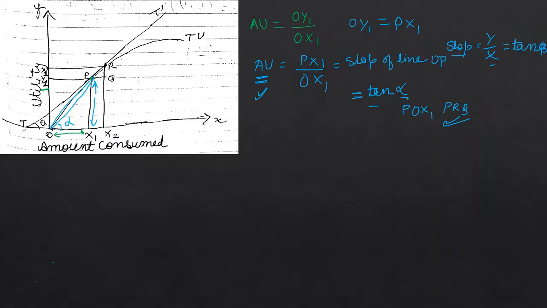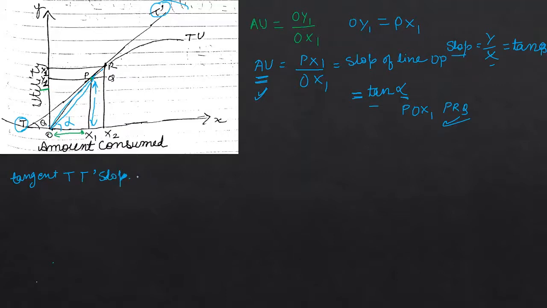If we draw a straight line, like this, the tangent T T dash, the slope of that line is the marginal utility.